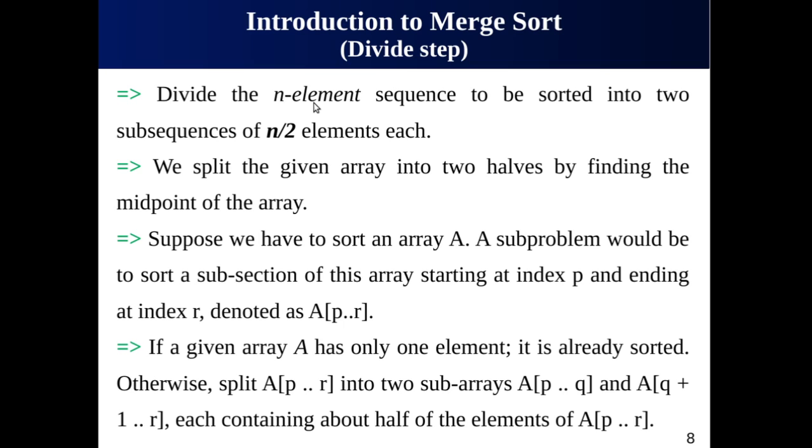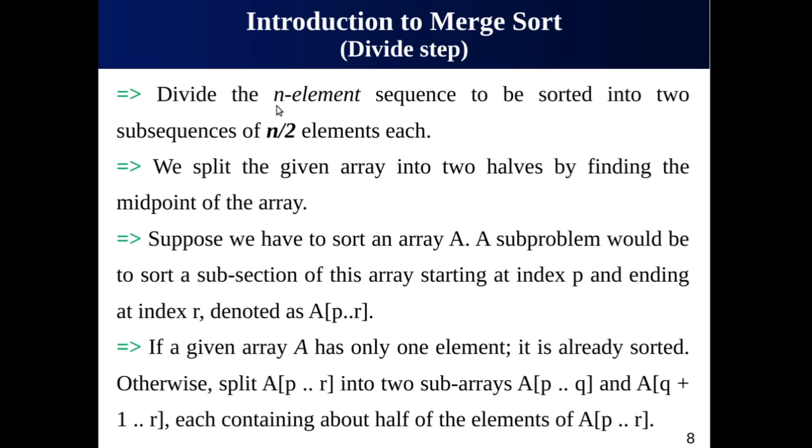In the divide step, you have to divide it into two subsequences, each containing n by 2 elements. So for example, if n is 6, then each sublist will contain 6 by 2, which gives you 3 elements on the left hand side and 3 elements on the right hand side.